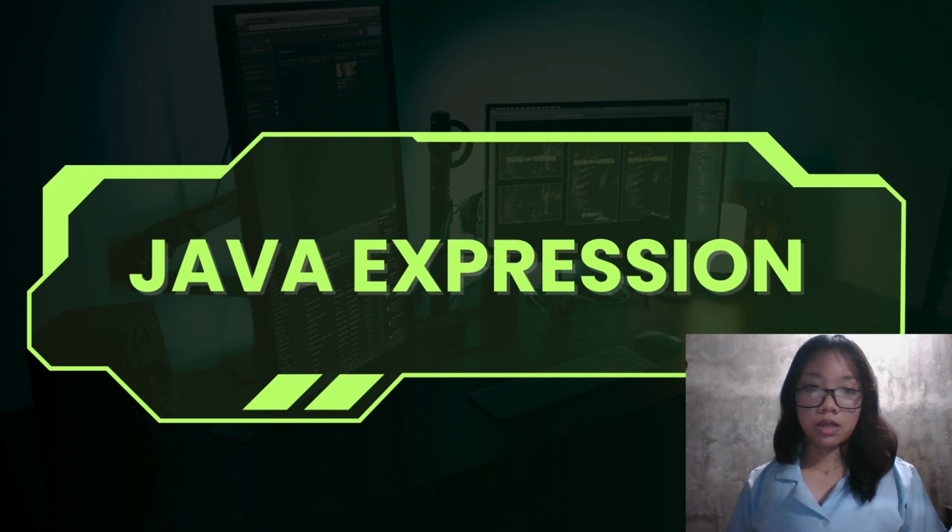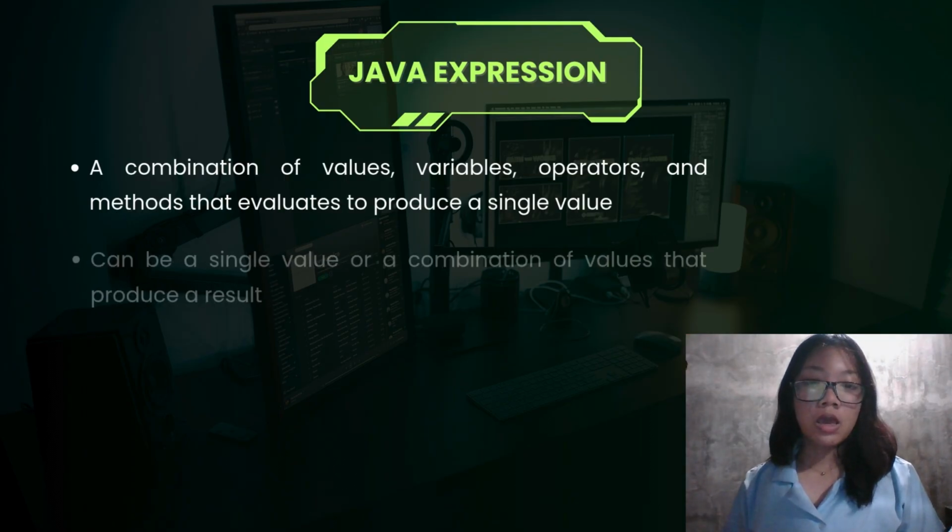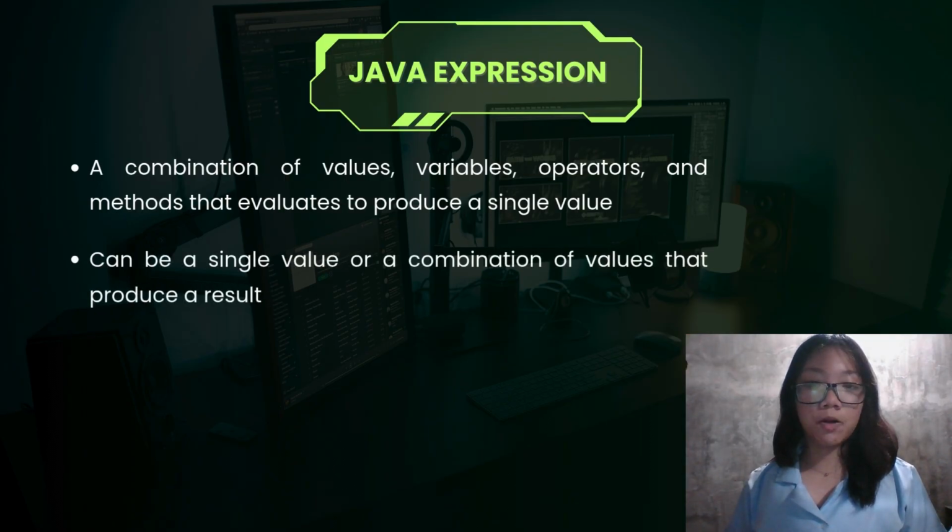Java expression. An expression in Java is a combination of values, variables, operators, and sometimes methods that Java evaluates to produce a single value. It can be something very simple, like a single number or variable, or something more complex, a mix of numbers, variables, and operators, as long as it produces one final result when Java evaluates it.